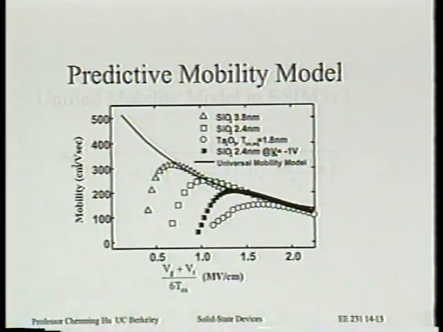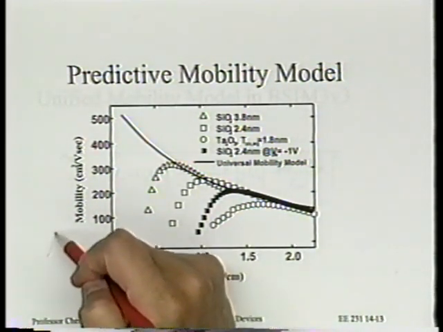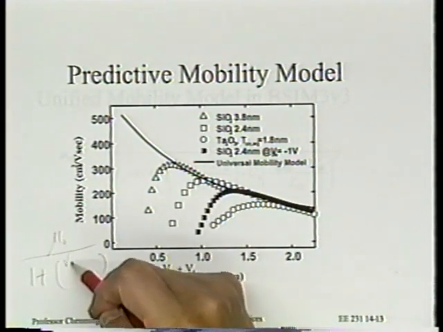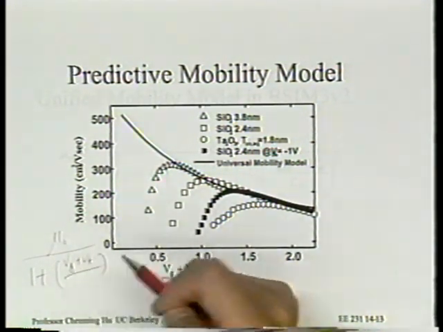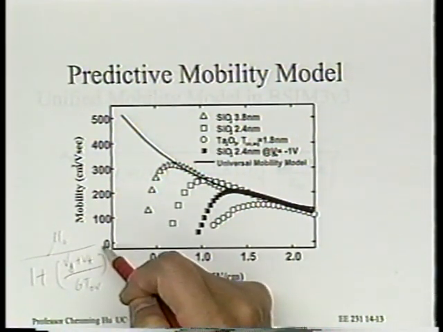So again, I can tell you, BSIM 3 did not have this universal mobility in it. In other words, we did not have mobility as something like mu naught, a constant, divided by 1 plus this quantity (Vg plus Vt over T_ox) to some power, 0.6 power or something like that, some k power.